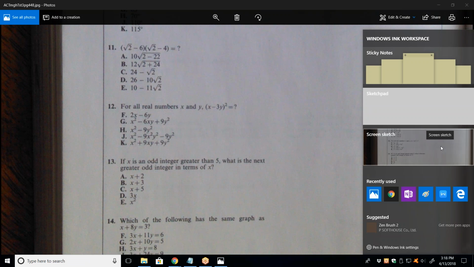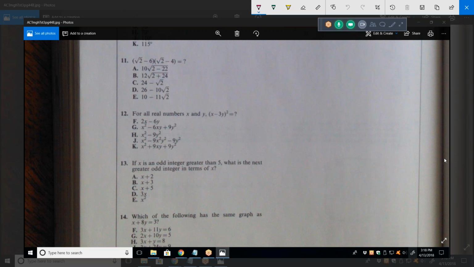How about number 11? Well, you just have to distribute them all, right? How do you multiply a binomial term by another binomial term?